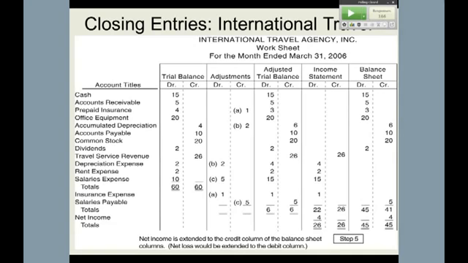The accounts that we have to close out are the income statement accounts, and so do the dividends. So when you look at the closing, you're going to wind up closing out the dividends and all of the income statement accounts.